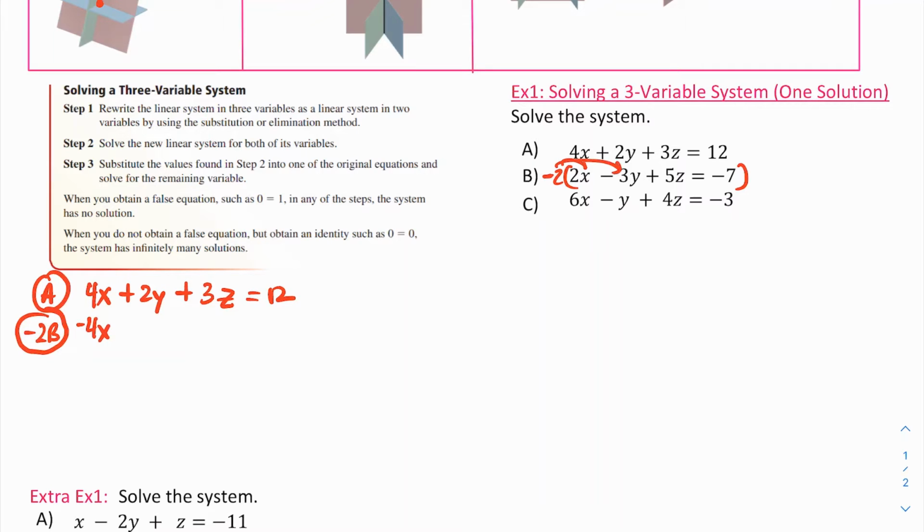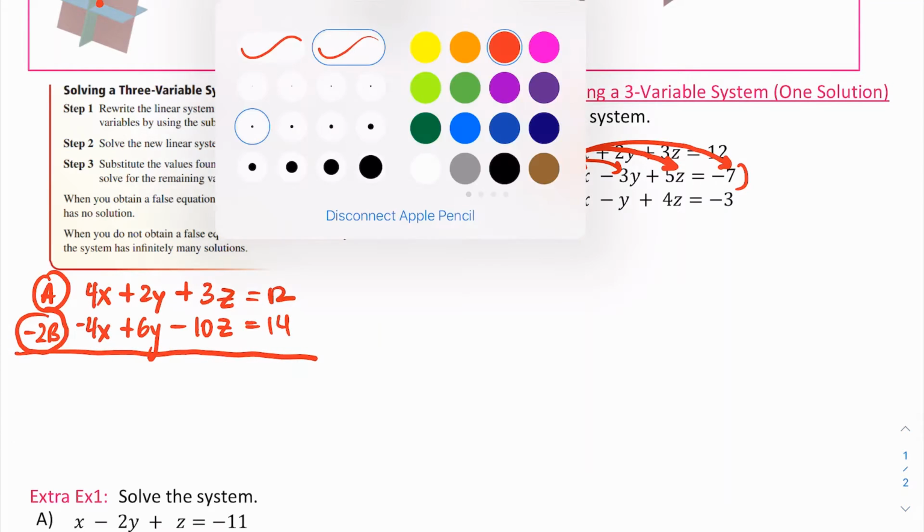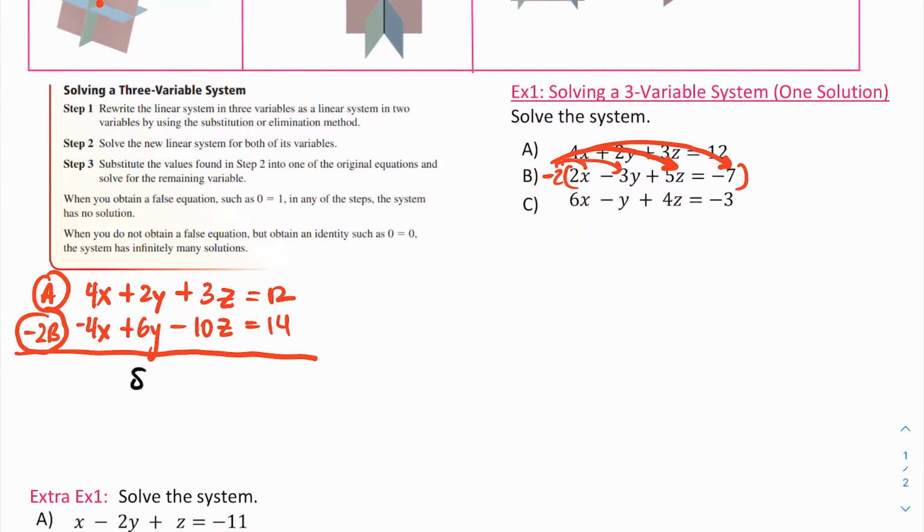For the second one, I get positive 6y. For the third term, I get negative 10z, and you have to be really careful. I put a line through my z so it doesn't look like a 2. And then negative 2 times negative 7, which is positive 14, and then you're going to add these two equations together. The x will cancel, so I have 8y minus 7z equals 26.